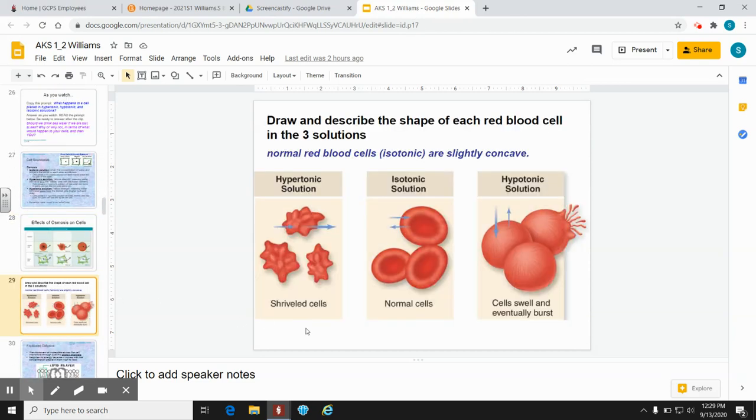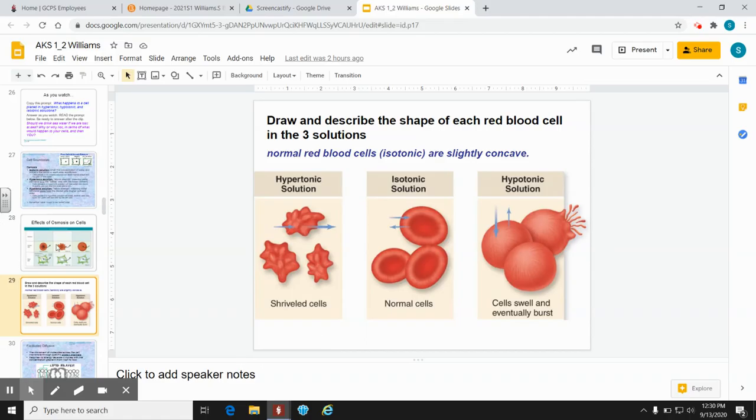Hopefully, you did it this way. Hypertonic solution, movement net water out, so you get the shriveled cells. And isotonic solution would have been the ones where it was going in and out. And the hypotonic solution is going to be the solution where you have the big fat cells.